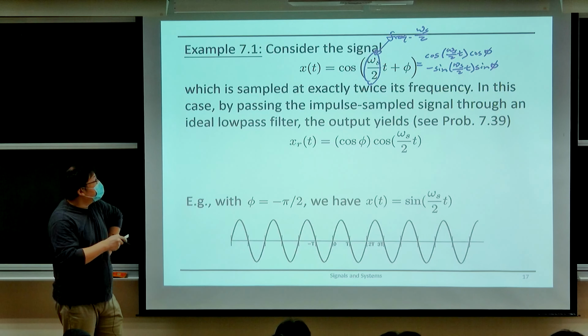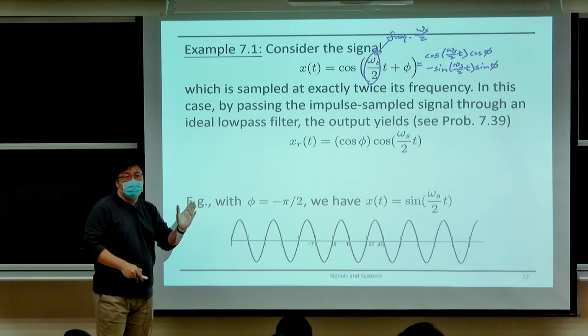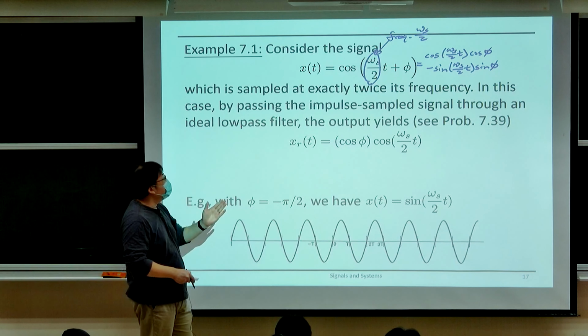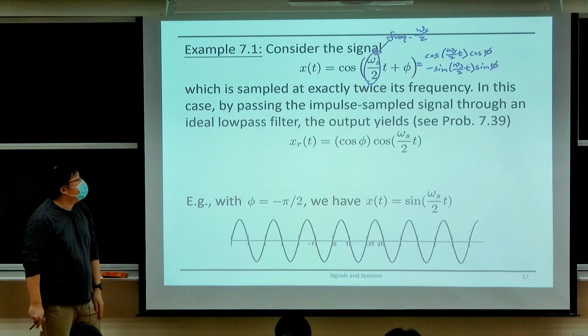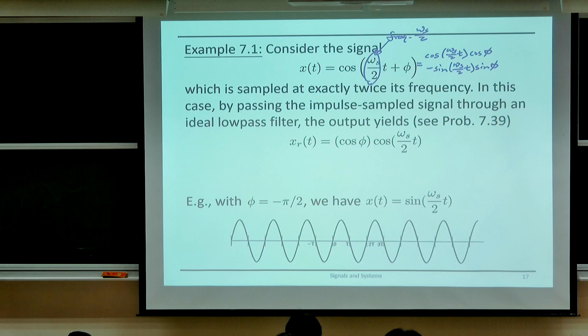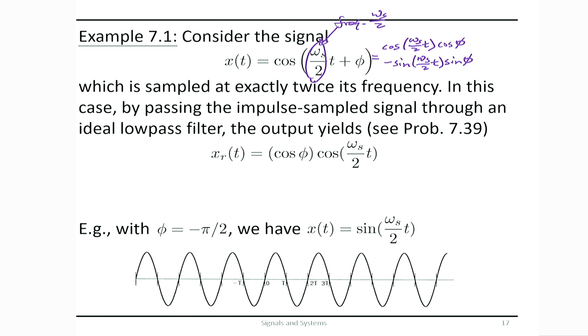So if you sample at exactly twice the frequency, this means that you're sampling at points t equal to 0, plus and minus 2 pi over omega s, plus and minus 2 times 2 pi over omega s, and so on and so forth.